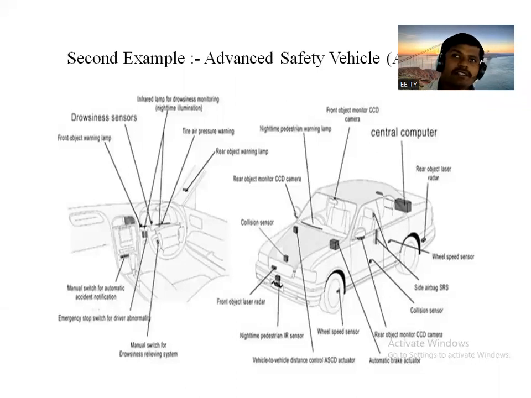In this advanced safety vehicle, a number of sensors, actuators, and indicating devices like alarm sets or display units can be used. So this figure shows the advanced safety vehicle which is fabricated by Nissan.